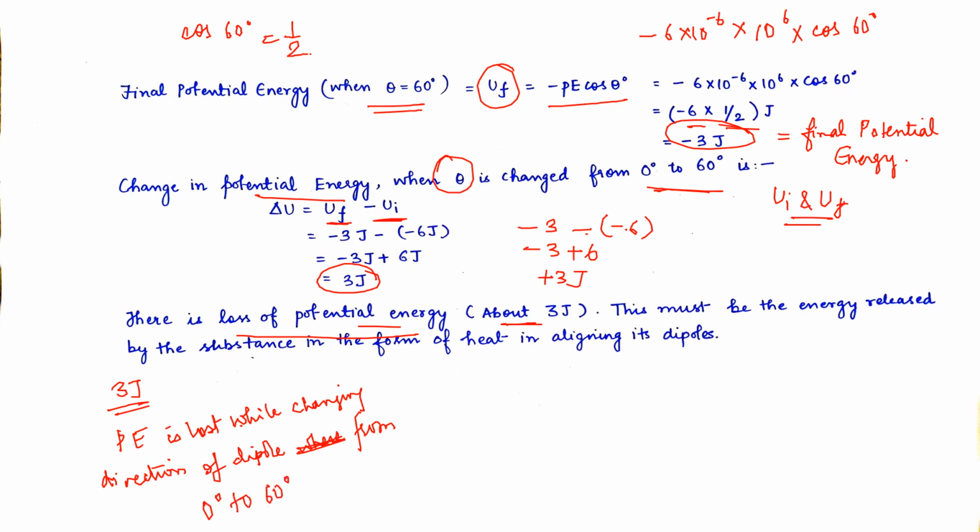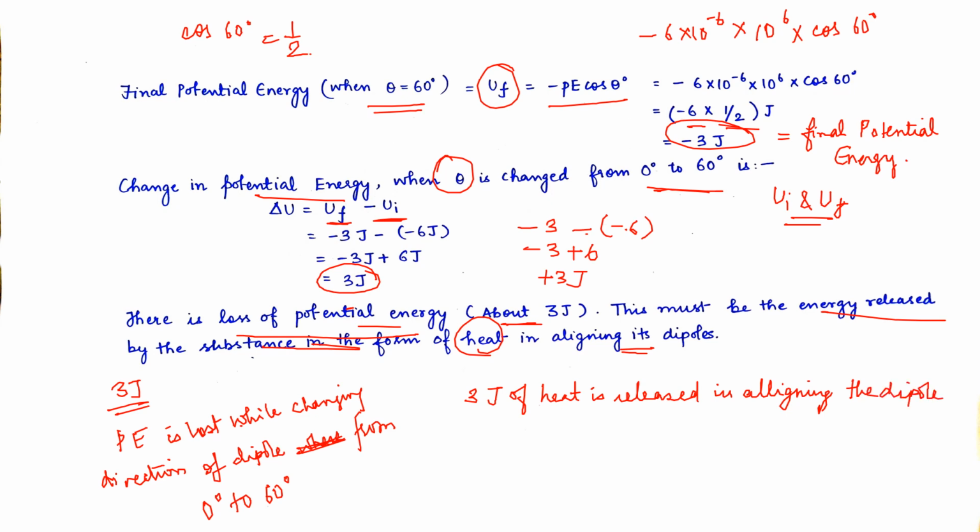This must be the energy released by the substance in the form of heat in aligning its dipole. So 3 joules of heat is released in aligning the dipole at 60 degrees.